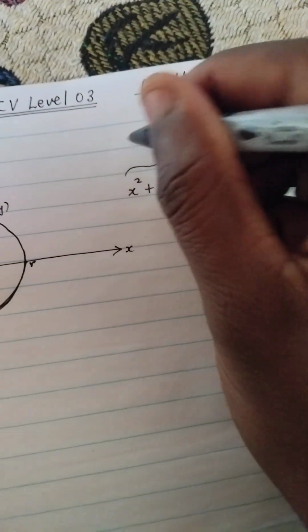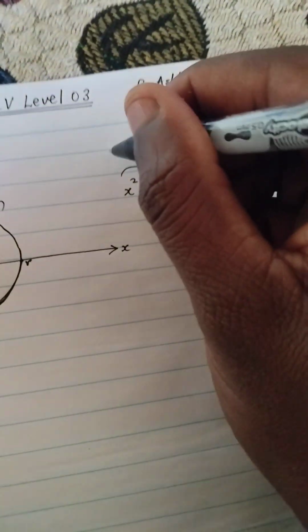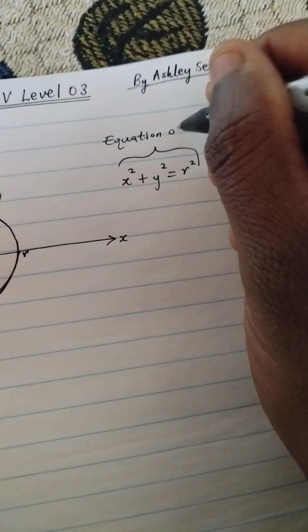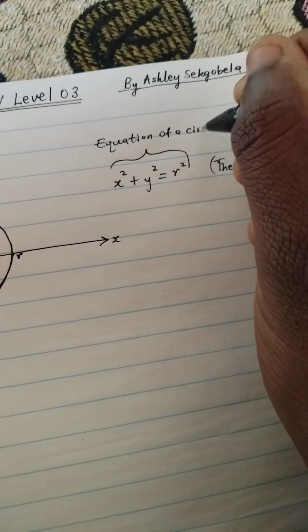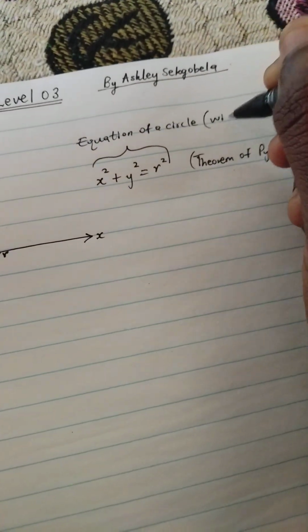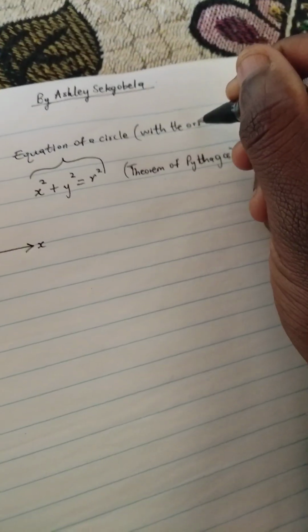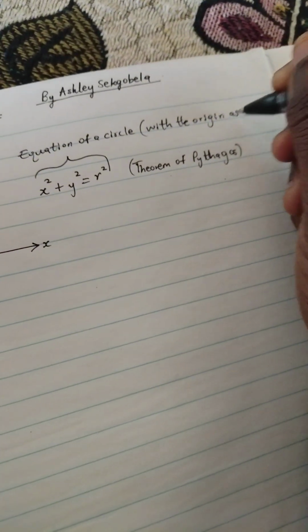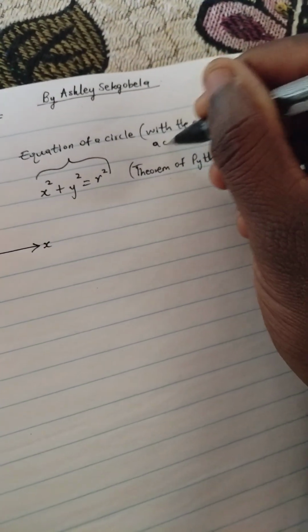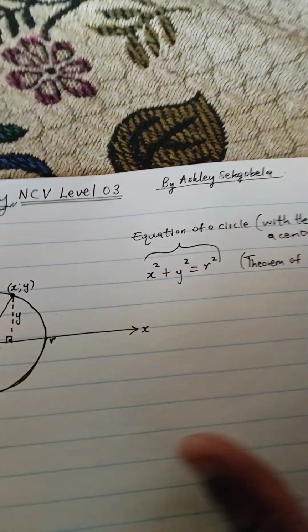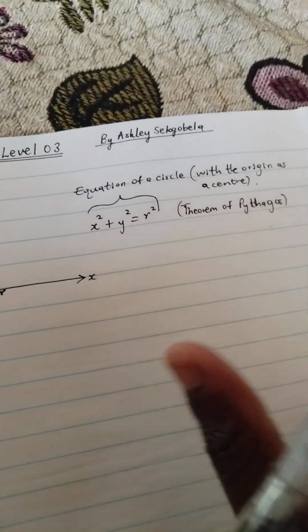This is the equation of a circle with the origin as a center. But I'm not going to touch much on the circle geometry or analytic geometry of circles. So now what I'm going to do is check something.